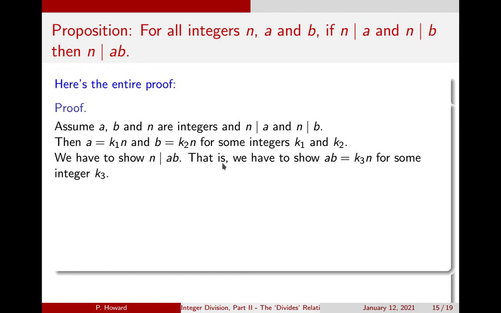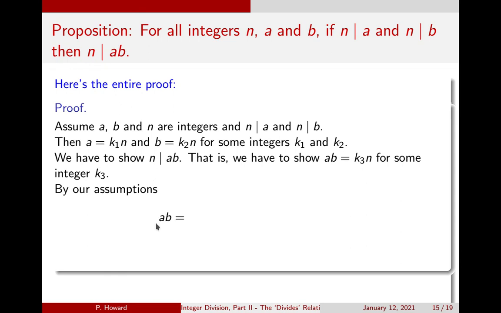In other words, we have to show that a times b is k3 times n for some integer k3. And now the argument for this equation. Well, in order to prove this equation, I'm going to start with the left-hand side, do some legal operations, and end up with the right-hand side. This is sort of a typical way of proving that an equation is true.